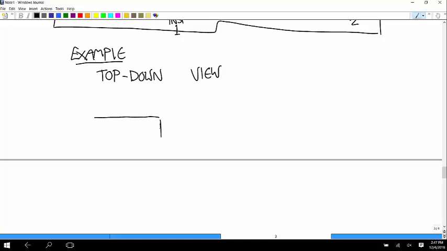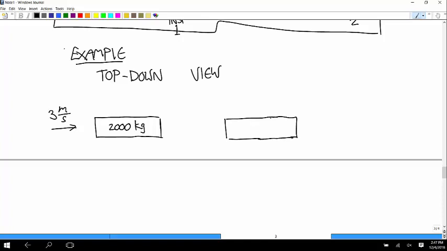Let's say you have a train car with a mass of 2,000 kilograms that's moving at 3 meters per second. And it collides with a train car that has a mass of 4,000 kilograms that's at rest.